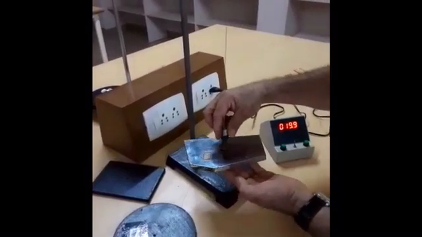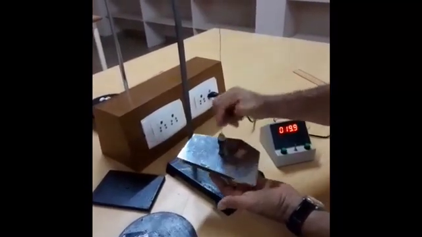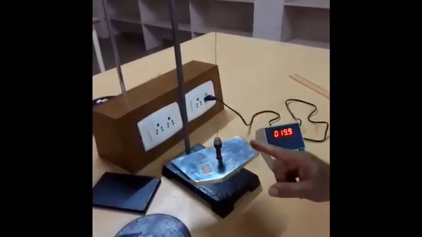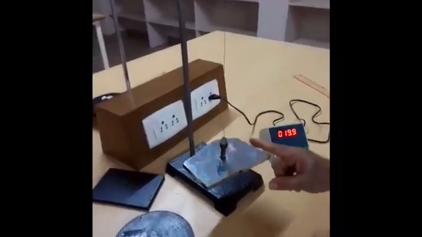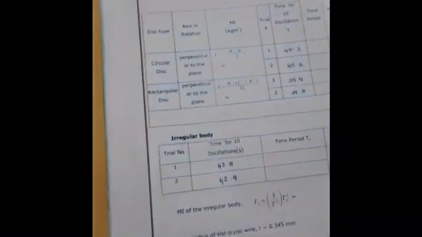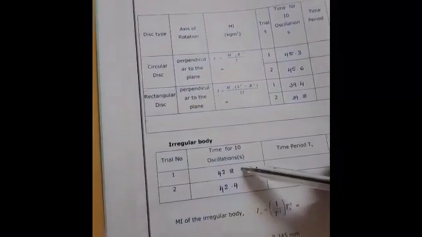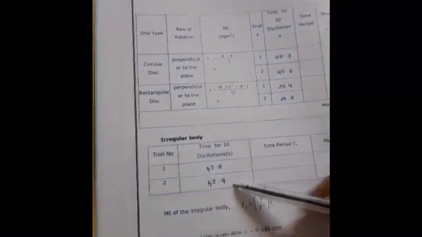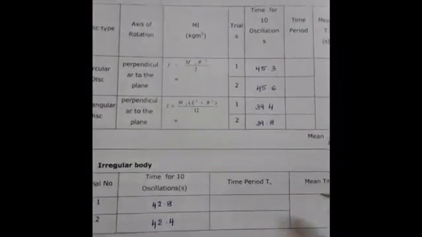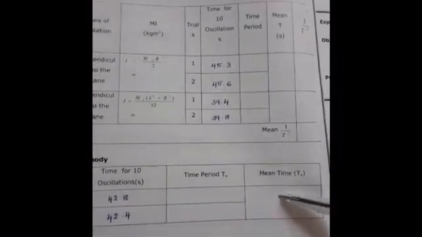Here also repeat this experiment by setting the torsional oscillations, and count the time taken for 10 oscillations two times, and the readings are here. The first trial is 42.8 and the second trial is 42.4. Hence calculate the time period by dividing by 10 and take the mean.